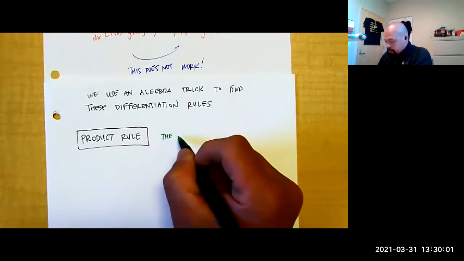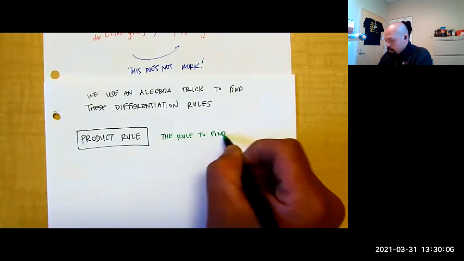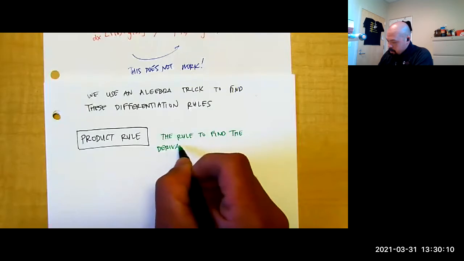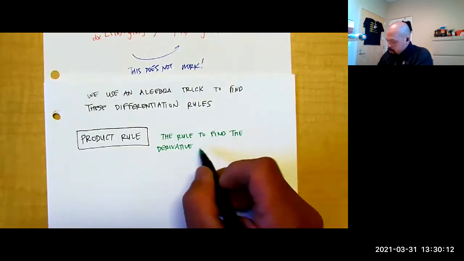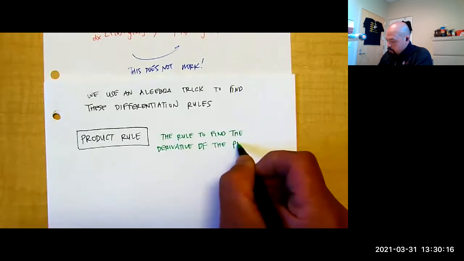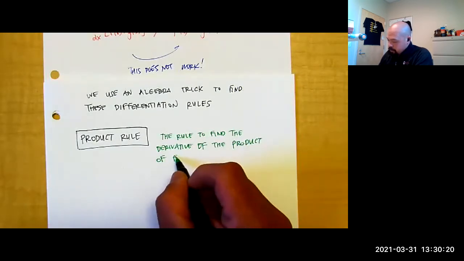All right, so this is the rule to find the derivative of the product of functions.